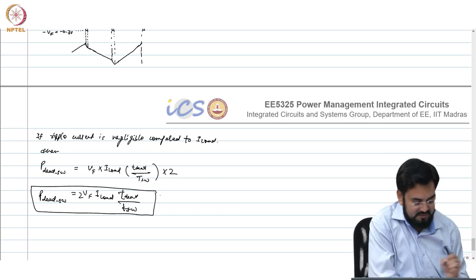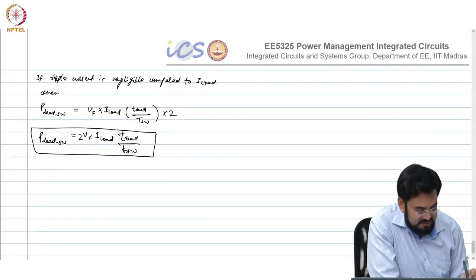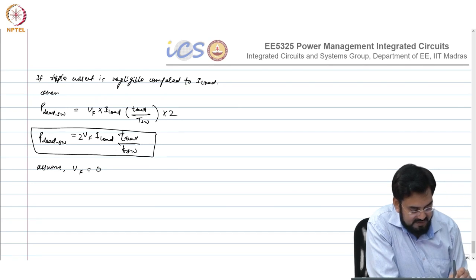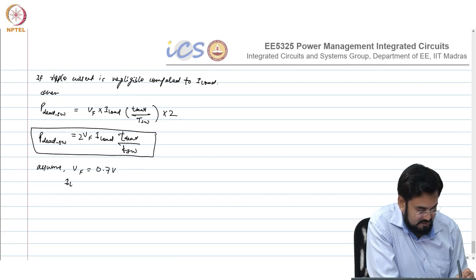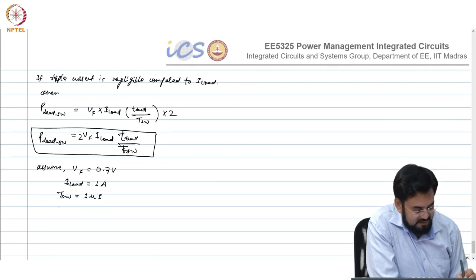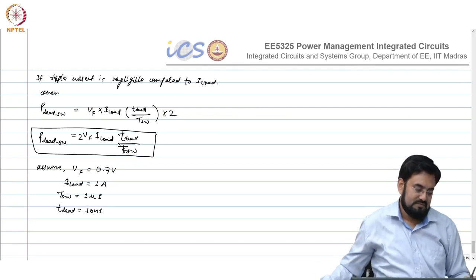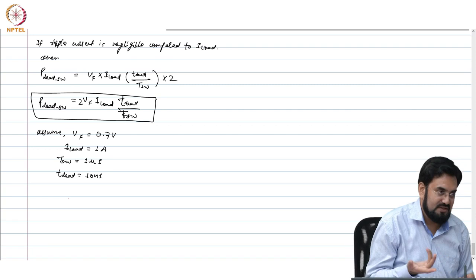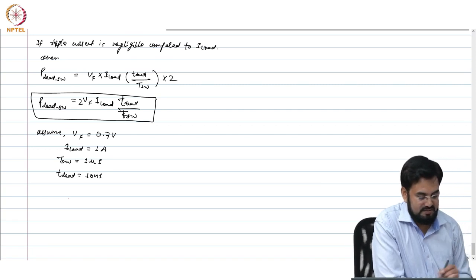Now let's take an example. So let's say I load is 1 amp, VF equal to 0.7 volt, TSW is 1 microsecond, and I'll keep, let's say, T dead 10 nanoseconds, which is 1% of your TSW. Okay.